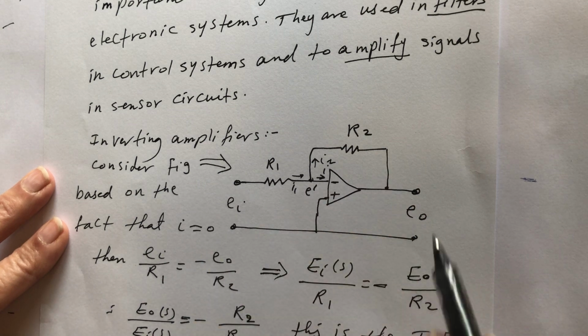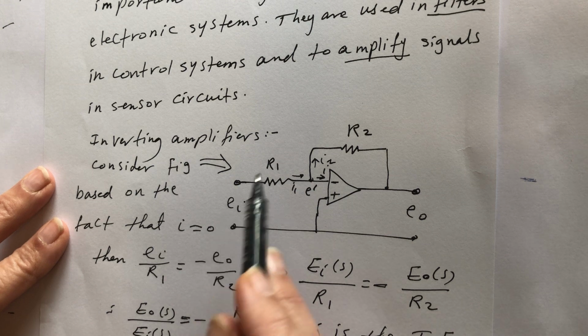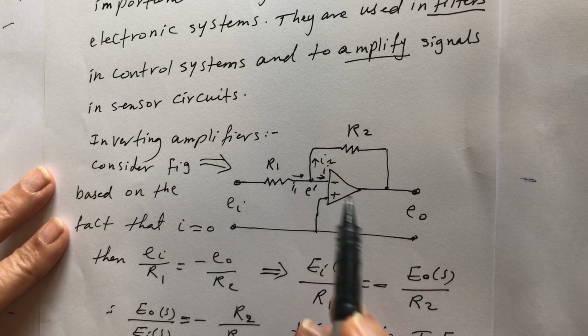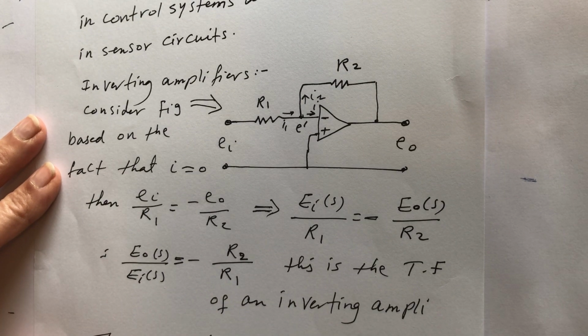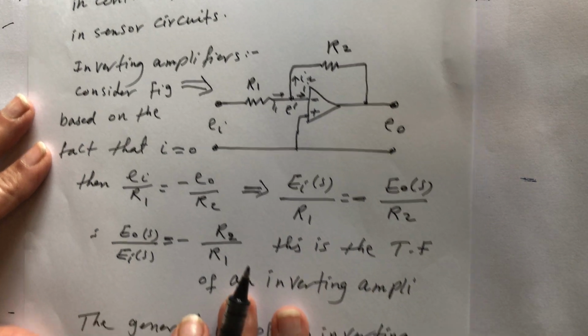Based on this, we can say that V out over R2 equals E in over R1, that's the current for this one and that's the current for that one, okay? We have a negative sign, so I go directly and say E in over R1 equals minus E out over R2. So in Laplace, E in of S over R1 equals minus E out of S over R2, okay?